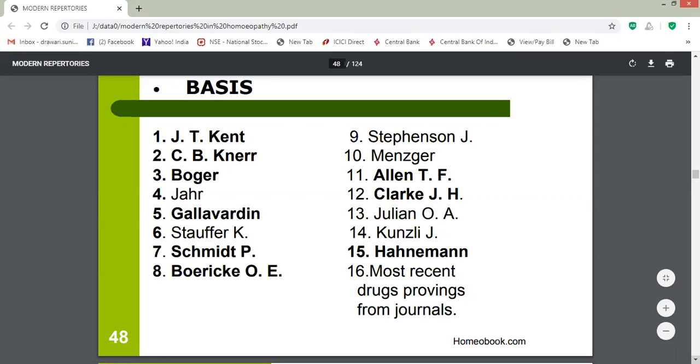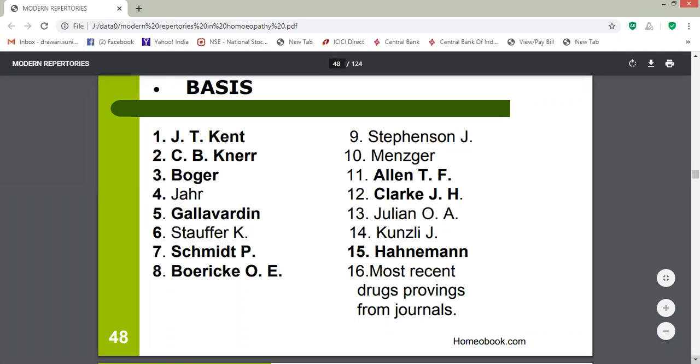Out of those, J.T. Kent's repertory as well as Lectures on Homeopathic Materia Medica and New Remedies. Then C.B. Nair's Repertory of Herring's Guiding Symptoms of our Materia Medica. Then Boger's BBCR, Additions to Kent's Repertory, and Synoptic Key of Materia Medica. These books are also referred.